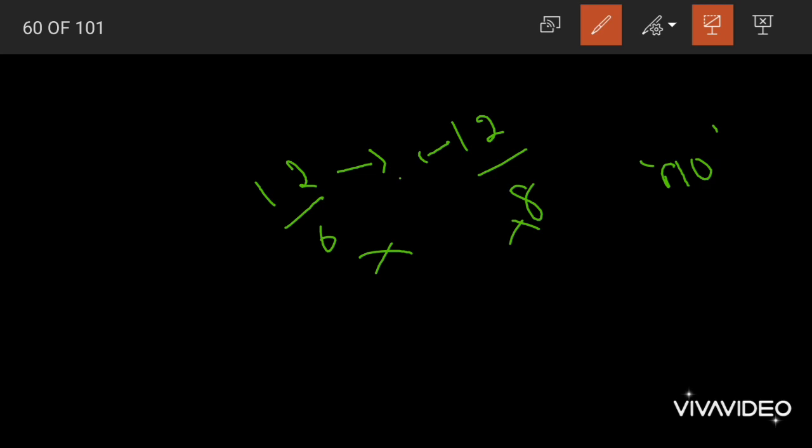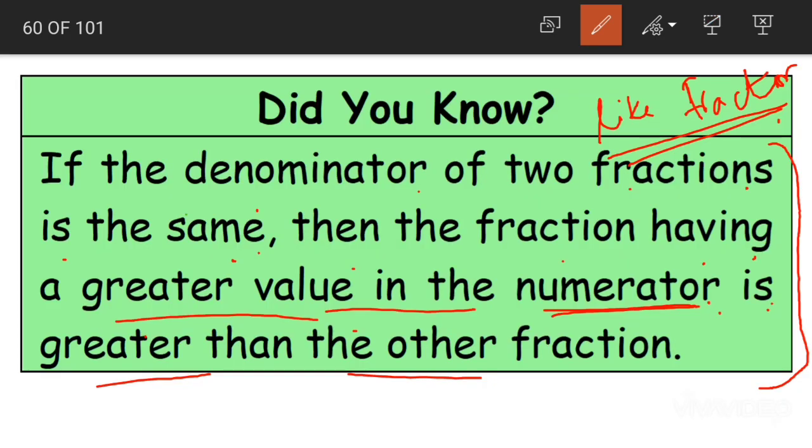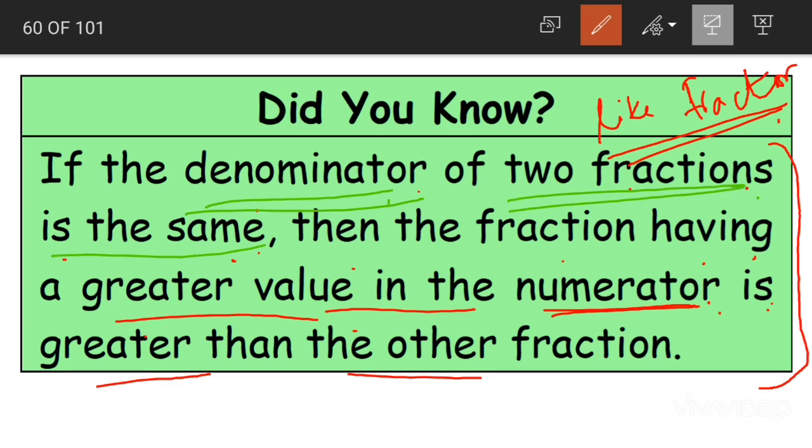So we cannot simply say that 12 by 6 is less than 12 by 8 here. Here 6 is less than 8, but we should not jump to the conclusion that 12 by 6 is less than 12 by 8. So this is not applicable to fractions where the numerators are same. Where is it applicable? Only when the denominator of two fractions is the same.